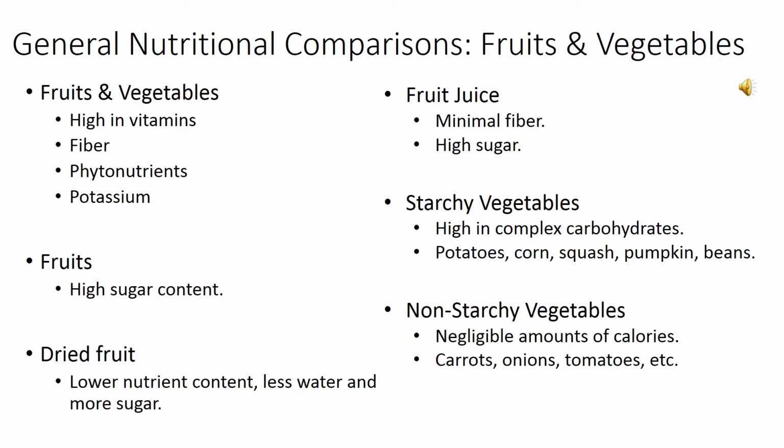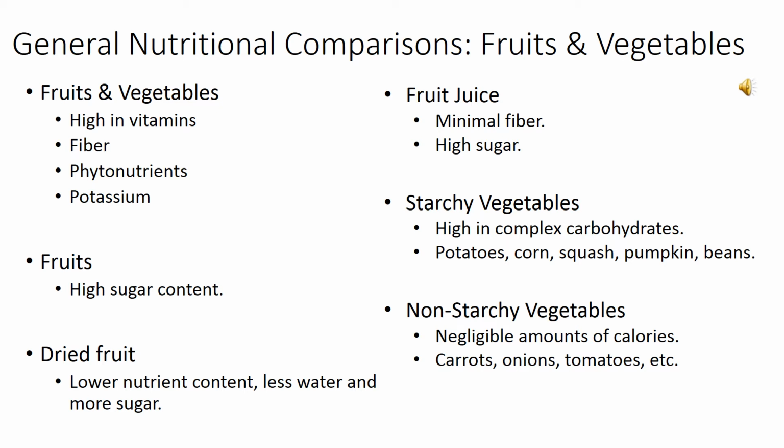Again, fruits and vegetables are generally high in vitamins and minerals. They have a good amount of fiber. They contain phytonutrients. And one thing we did not mention in the previous slide is that they generally have good amounts of potassium. Now, the differences between the two: fruits are relatively high in calories compared to most vegetables, because they have a high sugar content that you do not get in any vegetables.